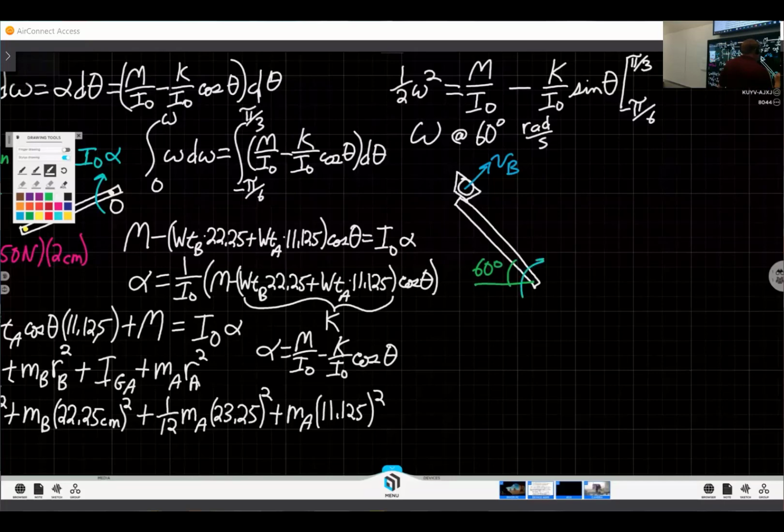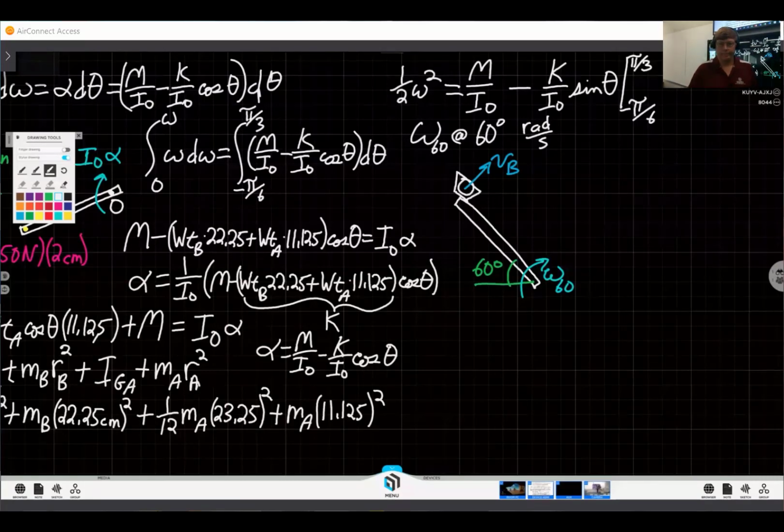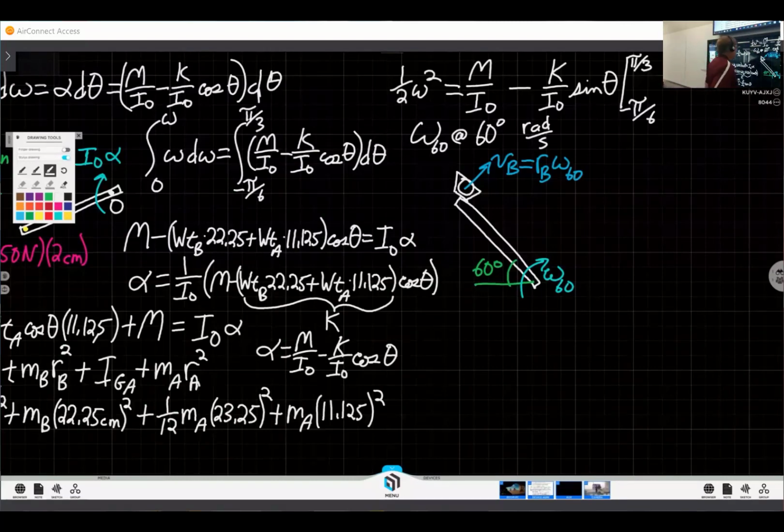Again, we know this omega at this point, so let's go ahead and call it omega 60. This is our omega at 60 degrees. What's the velocity of the ball when it launches? Well, we know velocity of the ball is going to be the radius to the ball times that omega at 60. So you can figure that part out. And of course, your radius, let's go ahead and identify that again. This is our 22 1/4. Is our distance there.